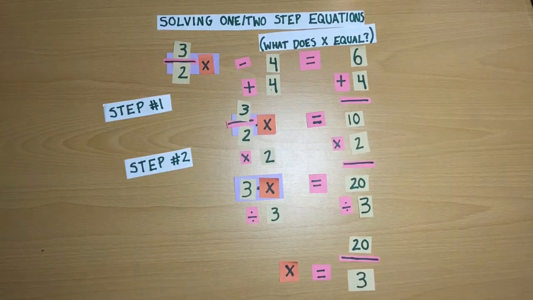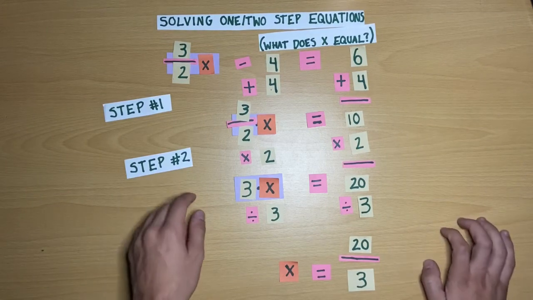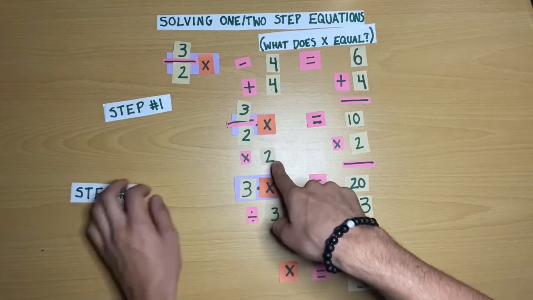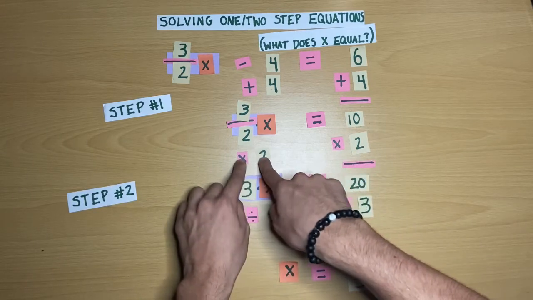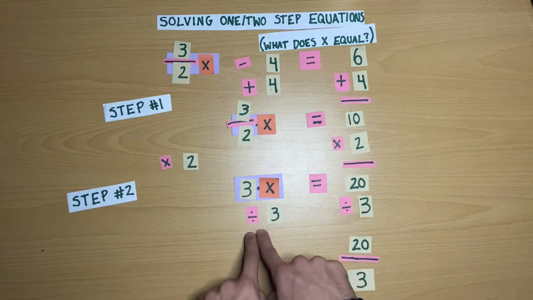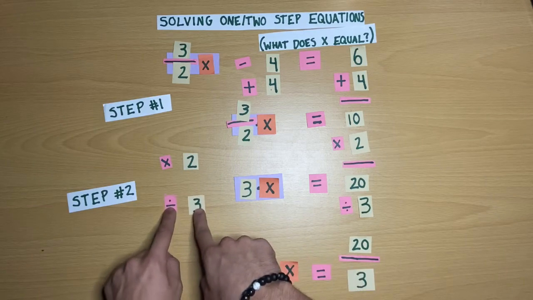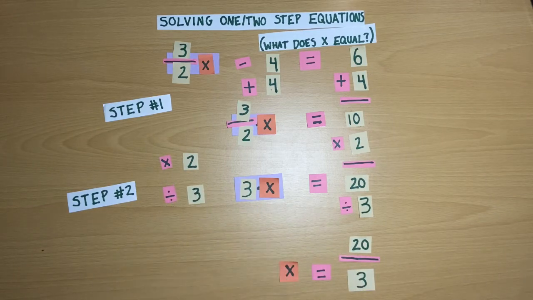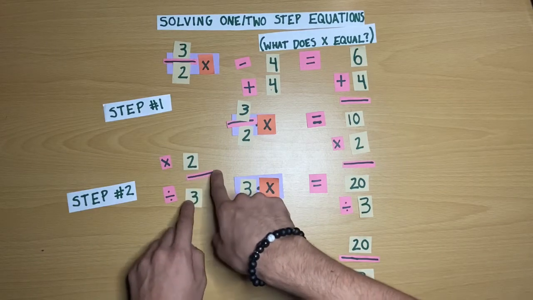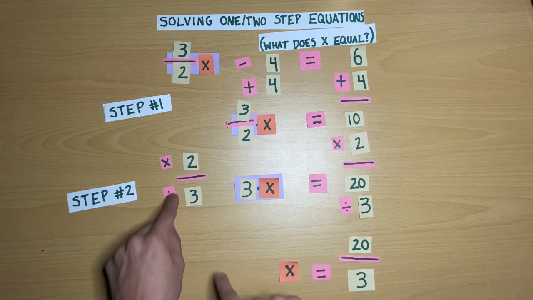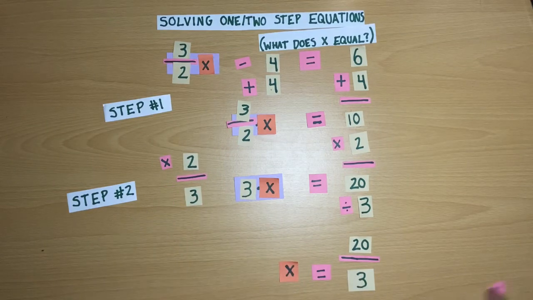Here, I will move this for now. But here we saw we multiplied both sides by 2, and then we divided by 3. And to make this clear, we know that when this line is between 2 numbers, that's just division. So I'm just going to swap that.